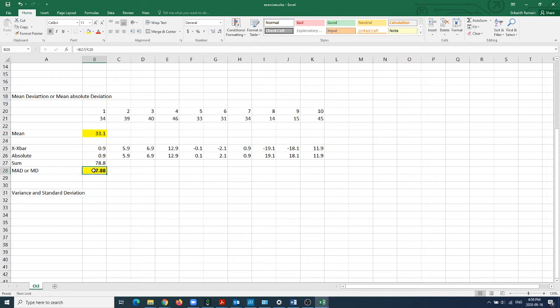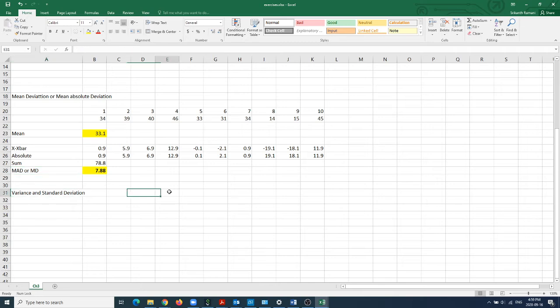Remember, when we talked about what 7.88 is, it means if you pick any one person at random out of these 10 and ask them to rate the score, chances are they'll be 7.88 away from the mean, in either the positive or negative direction. That is how you interpret this mean absolute deviation.